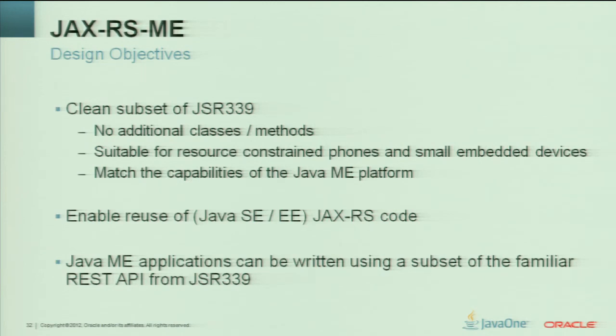And we matched the capabilities of the Java ME platform, which was quite a challenge in some areas because JAX-RS ME has a lot of concepts which don't exist on Java ME. The applications can be written using a subset of the familiar REST API from JSR 339. So if you want to go on the mobile platform or on an embedded platform, and if you know JSR 339, you're on familiar ground.